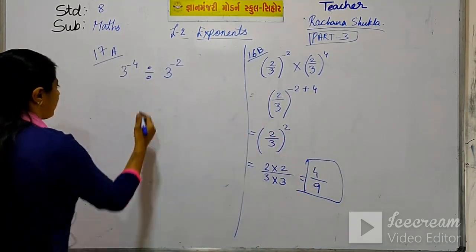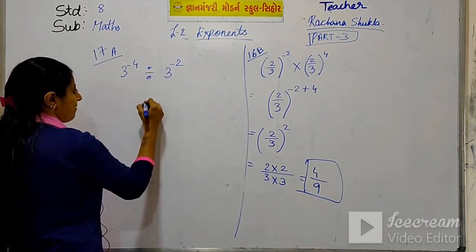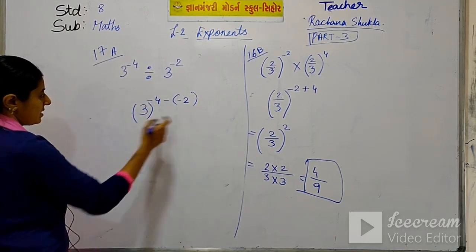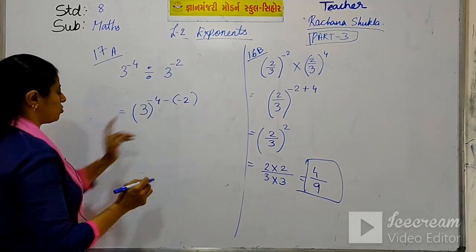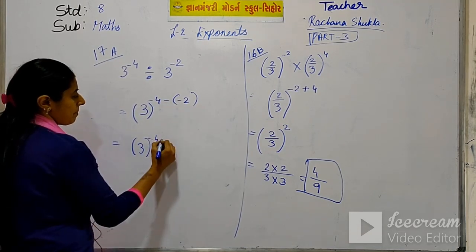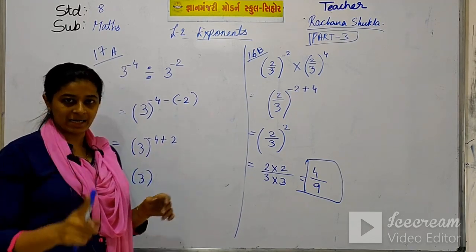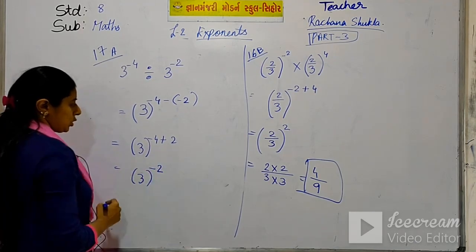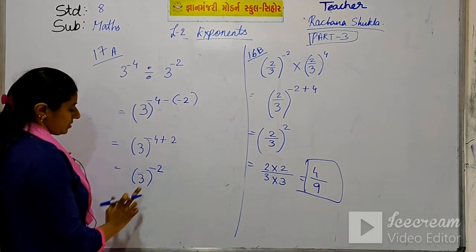So write it one time, and the powers will be subtracted: minus 4 minus minus 2. Now minus minus becomes plus 2. Then minus 4 plus 2 is minus 2, because 4 carries a negative sign. So here it will be minus 2.